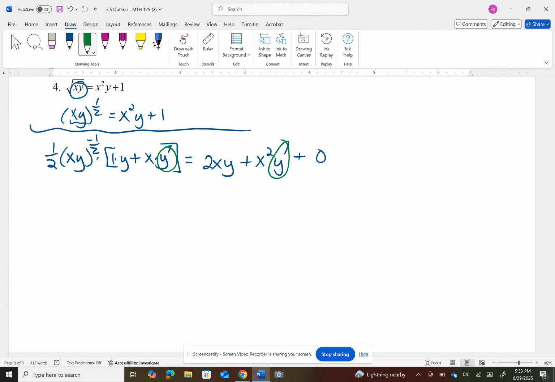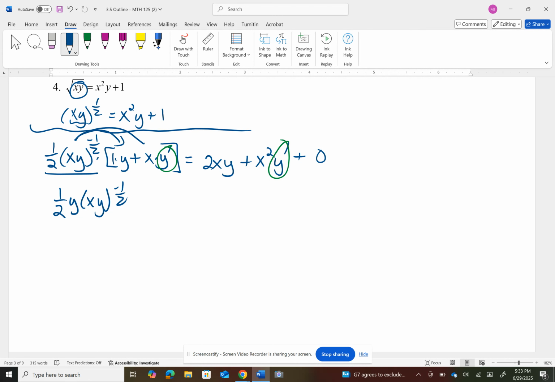Okay. So, I don't know, there's several ways I could do it. I'm going to go ahead, I think, and distribute all of this. Remember, 1 times y is really just y. So I have a 1/2 y times the xy to the negative 1/2 when that goes to there.